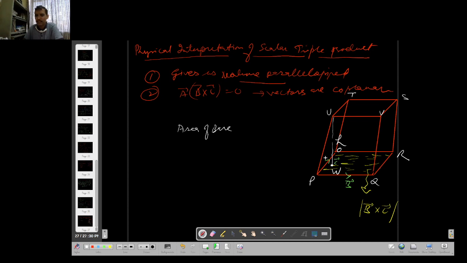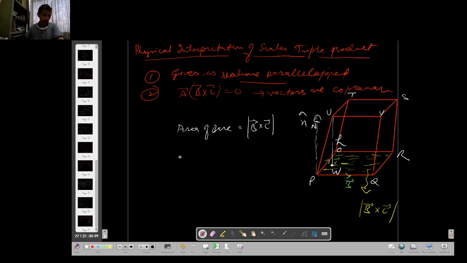This is represented by B cross C, and B cross C is basically the normal, so it is the normal direction, and let us say that this point is N, just for the sake of simplicity. Now area of the base is basically B cross C.